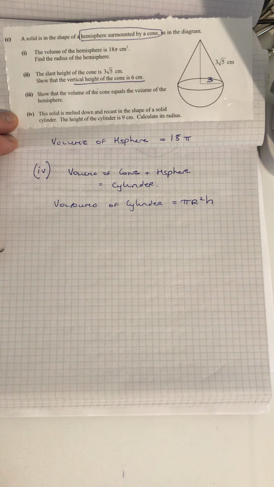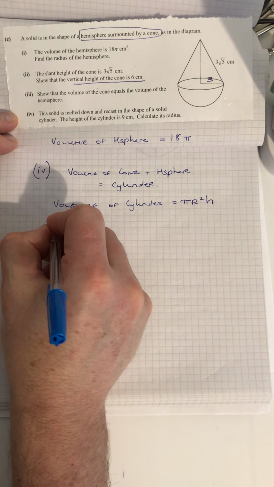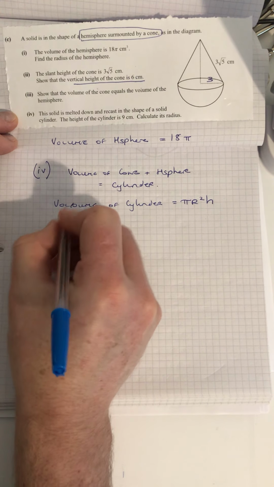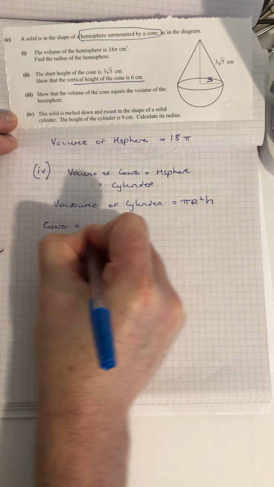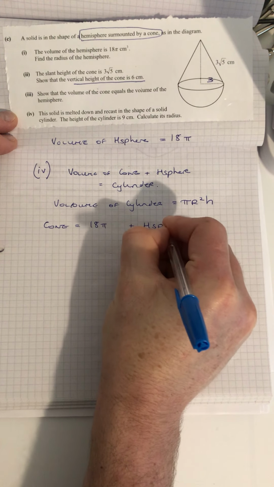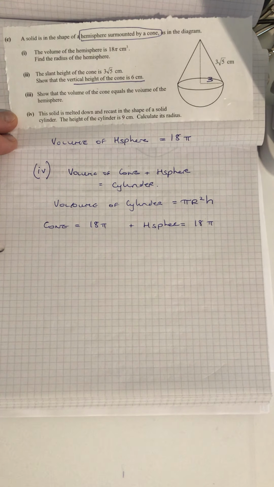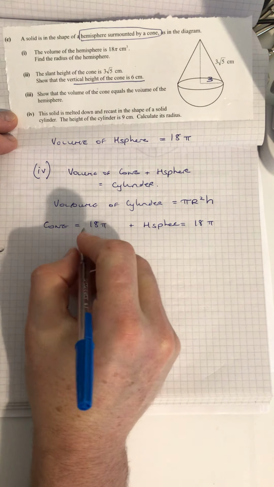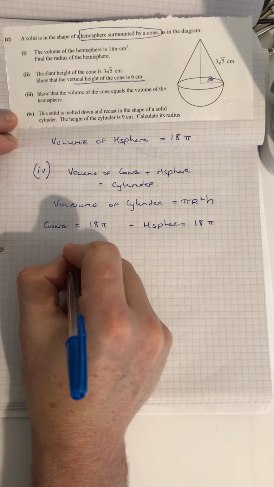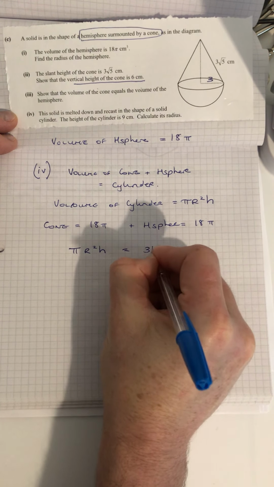Okay? So we know that the cone is equal to 18 pi and the hemisphere is equal to 18 pi. Okay? Therefore, the cylinder pi r squared h is equal to 36 pi.